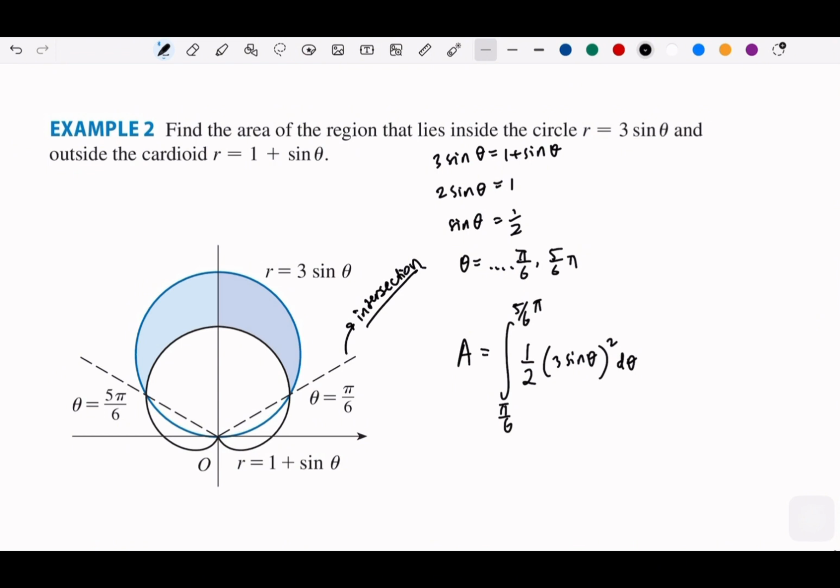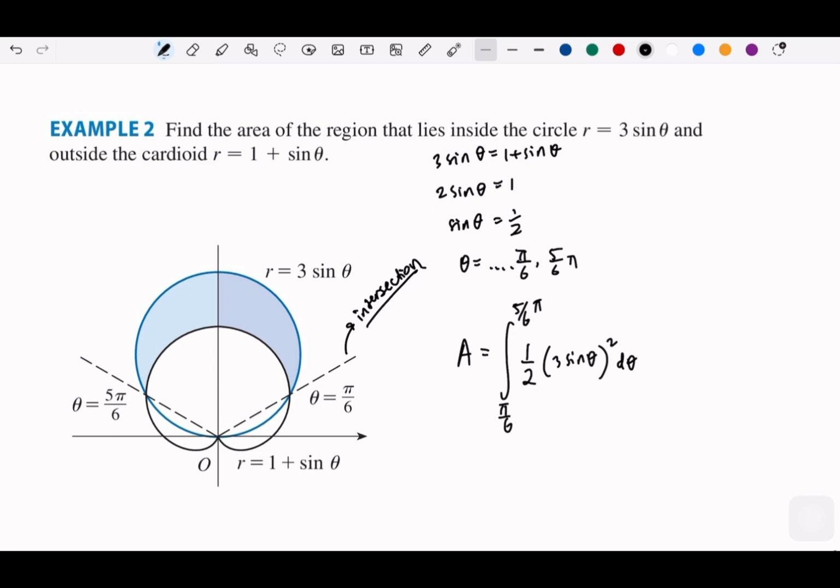So my idea is, from the point pi over 6, the circle and cardioid have the same intersection here, right? So here is the circle, and this one is for the cardioid.